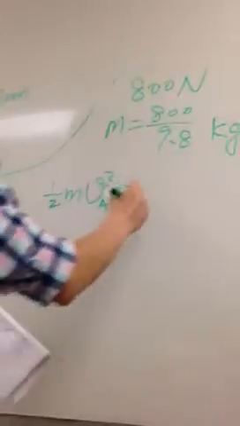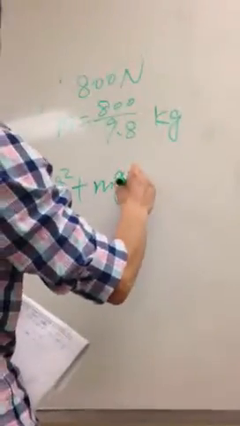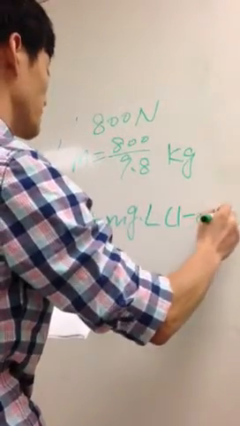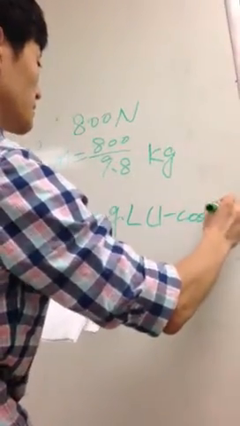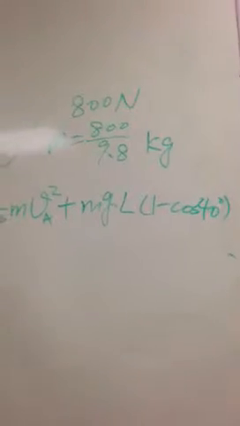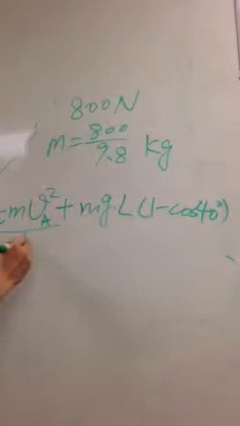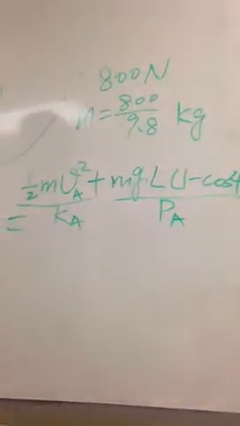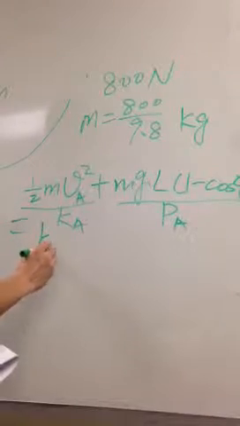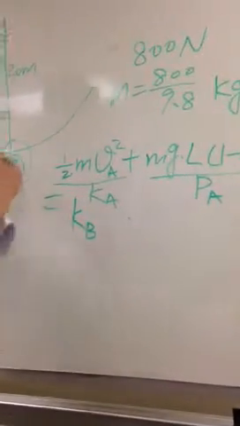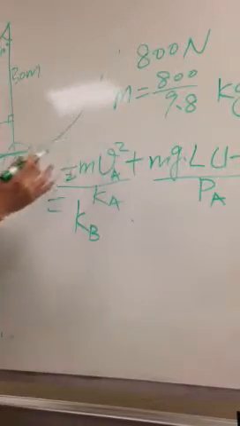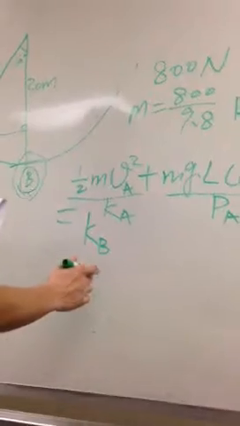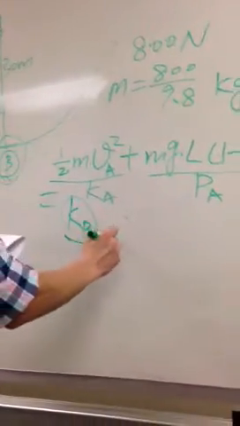So you need mg times L(1 minus cosine 40 degrees). That's the kinetic energy at A plus the potential energy at A, equal to the kinetic energy at B. At this point, there is no potential energy, it's 0, right?